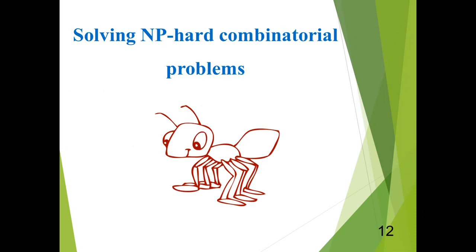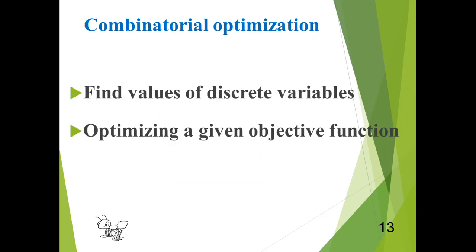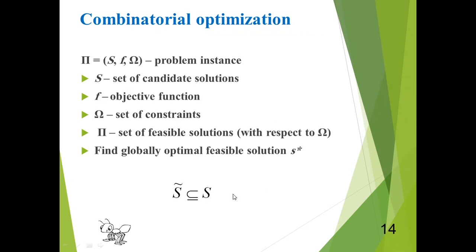This is the headline: solving NP-hard combinatorial problems. Combinatorial optimization: find values of discrete variables optimizing a given objective function. A problem instance is I equals S, f, omega.